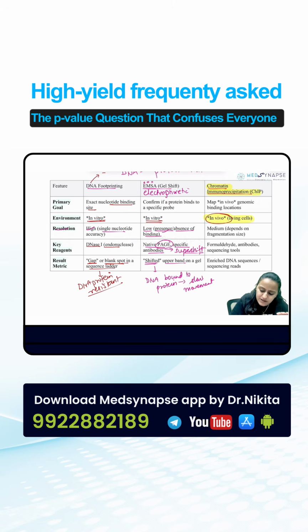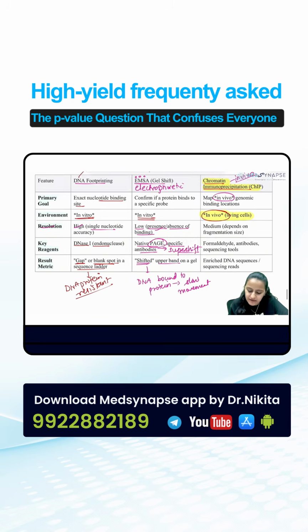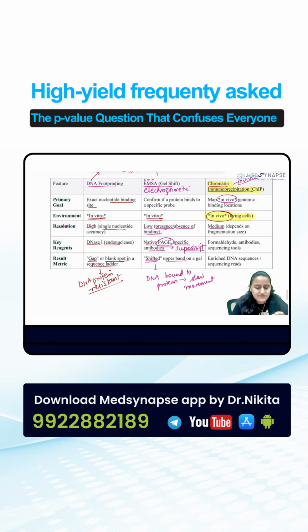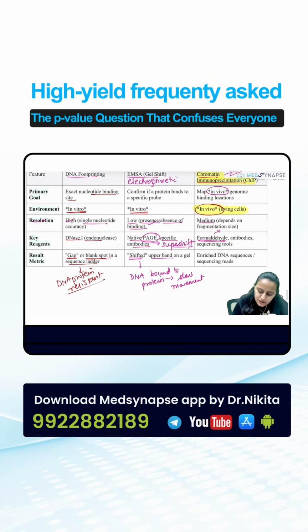Then comes ChIP. The most important point for ChIP you should remember is it is in vivo, in the living cells. It maps in vivo genomic binding locations. It is medium resolution. Formaldehyde is used to create covalent bonds between the DNA and the protein that you are looking at.